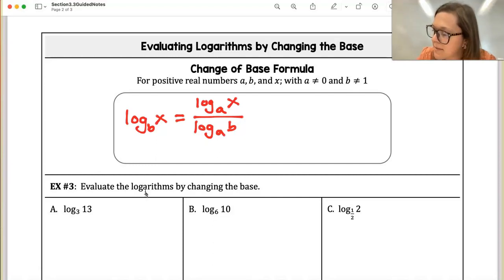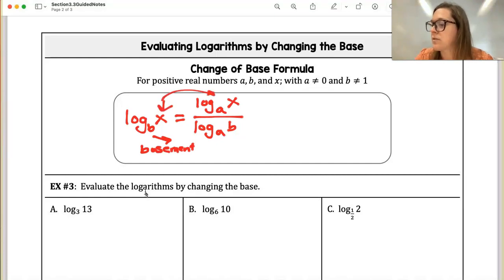Your base of your original log goes down to the basement, right? So your base goes to the basement right here. And then the number, your input, your x, is going to your numerator. So why do I care about that? Well, here my base is an a.